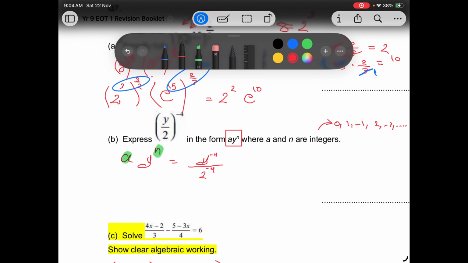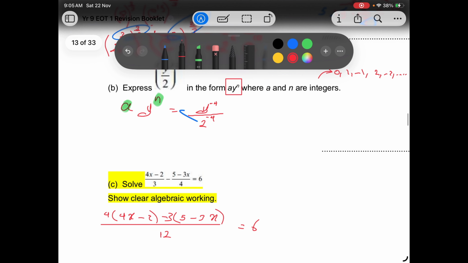And you know, guys, that I can legitimately move this to the top and change the sign of the power, right? So if you change the sign of the power, it will be 2 to the 4 times y to the minus 4.